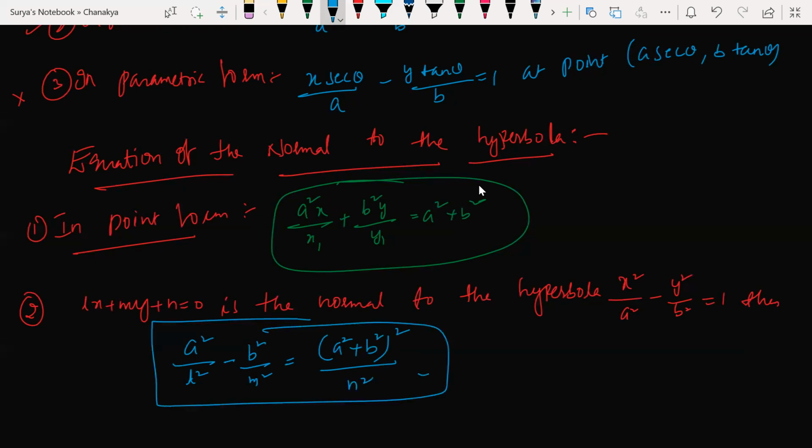If I have this line and this is a normal to this hyperbola, then the normal equation is going to be this one.